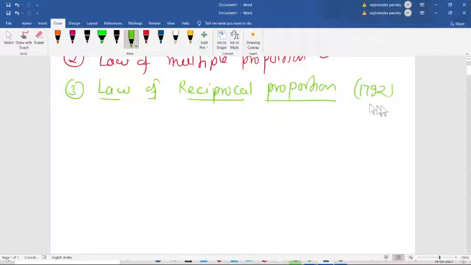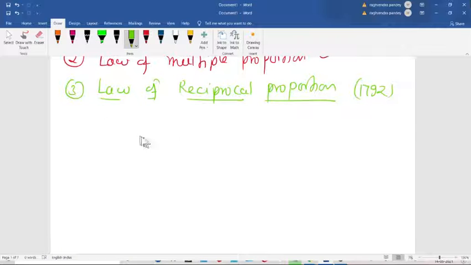That was the starting of chemistry. At that time, there was no knowledge of mole concept or chemical reactions. In this law, there's a definition, but it is very complex and doesn't make any sense.